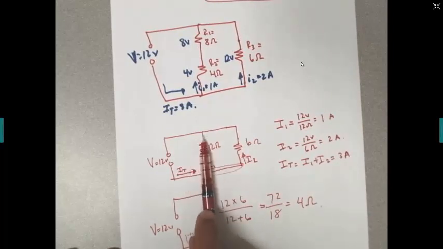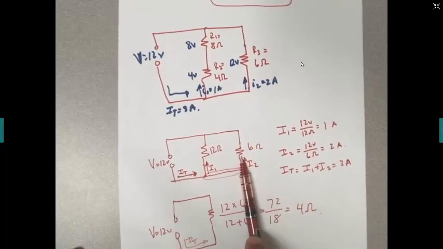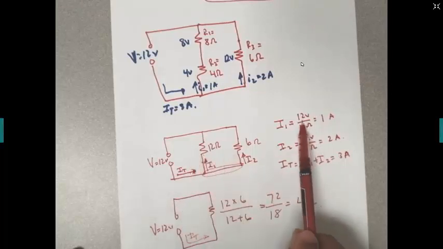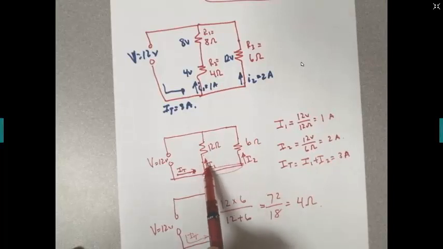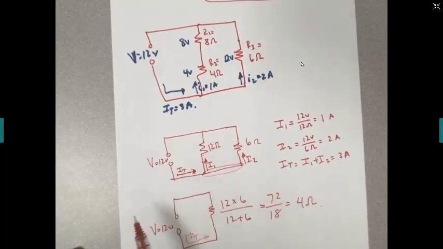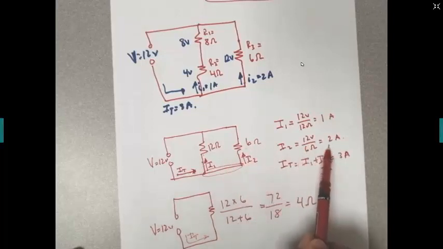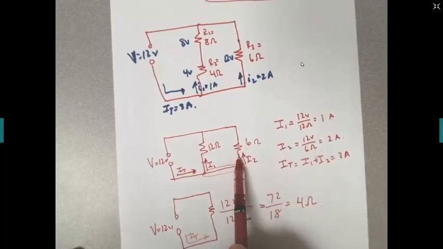So that would be 12 volts going through this branch, 12 volts going through this branch. If we know the voltage and the resistance, we can find the current in this branch: 12 divided by 12 equals 1. So 1 amp goes through this branch, and then 12 divided by 6 equals 2. So 2 amps go through this branch.